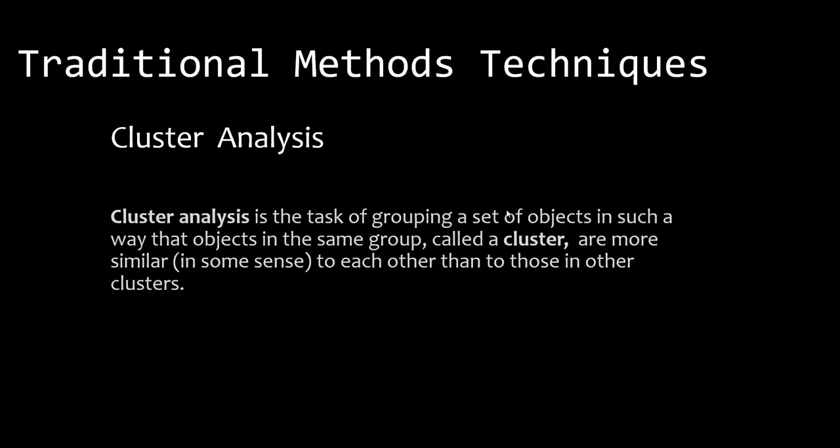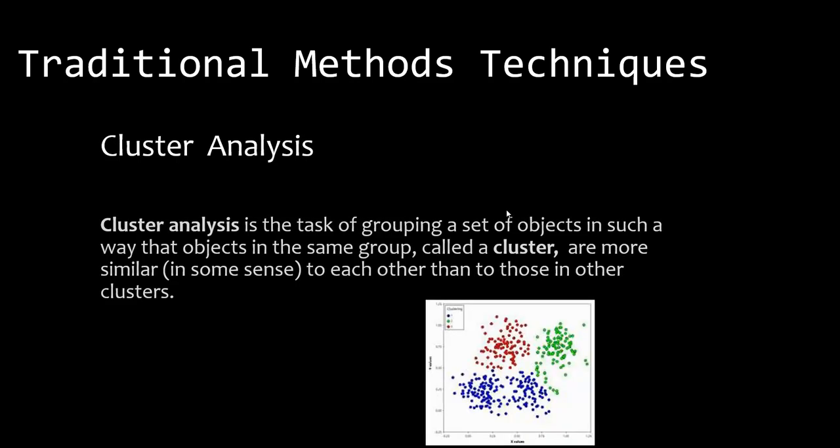Clustering. Cluster analysis is the task of grouping a set of objects in such a way that objects in the same group, called a cluster, are more similar to each other than to those in other clusters. So in this case, we would look at data and plot it all. What we could do with this data is a regression analysis and try to find a line.